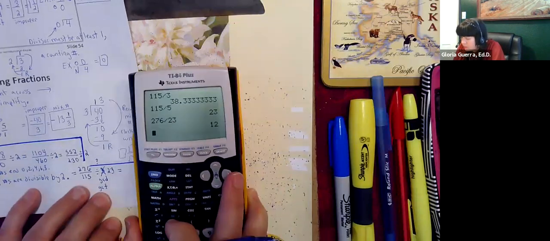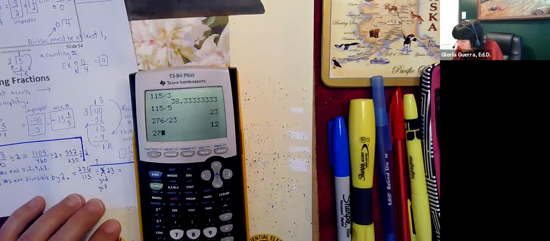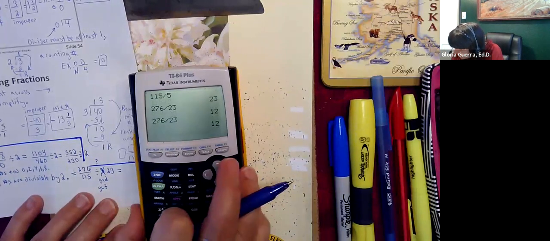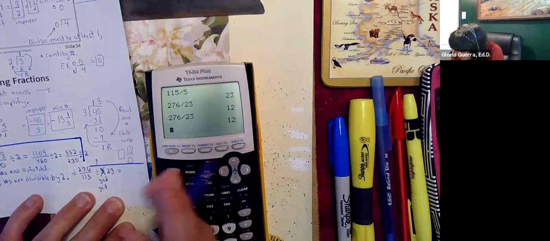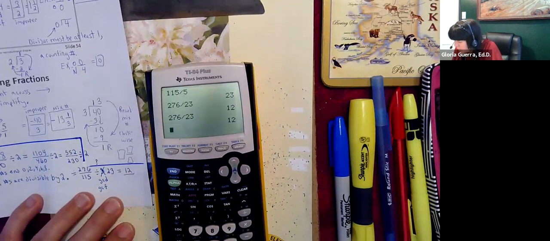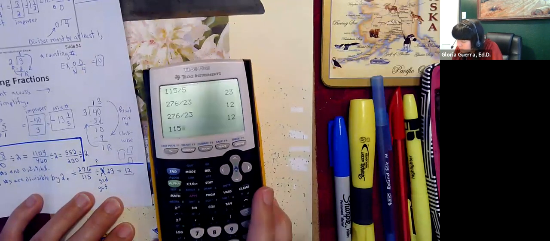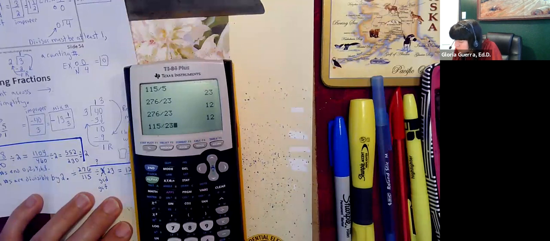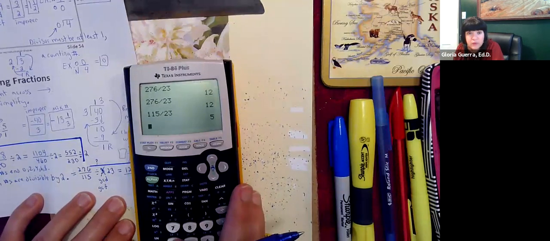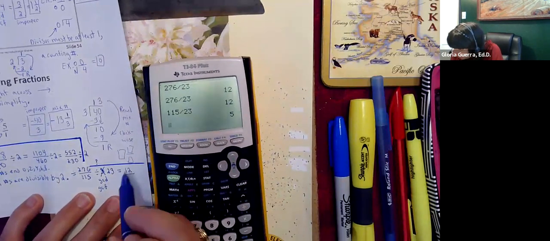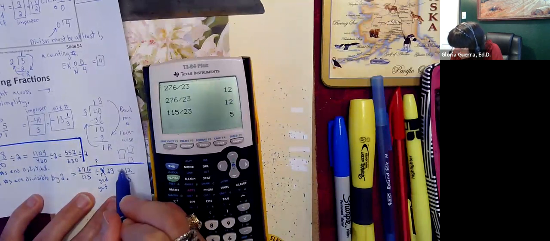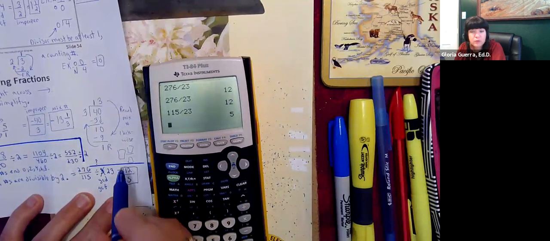Okay. So 276 divided by 23 is 12, and 115 divided by 23 is 5. And that doesn't look like it can be reduced anymore.